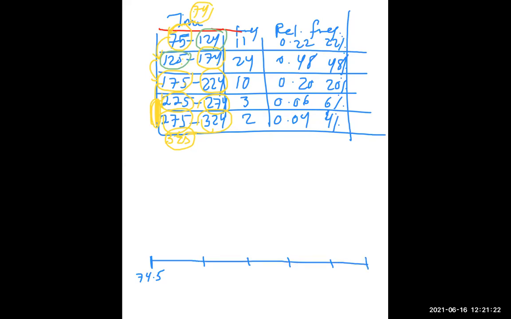The class width, the distance of the bars, must be the same. The next one is 124.5. These are all class boundaries. 174.5, 224.5, 274.5, and the last one was 324.5.